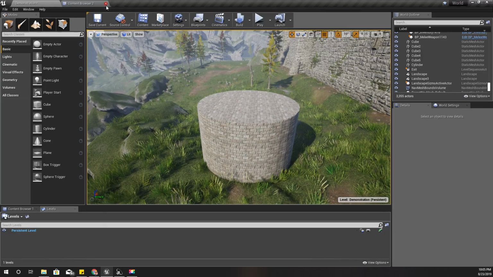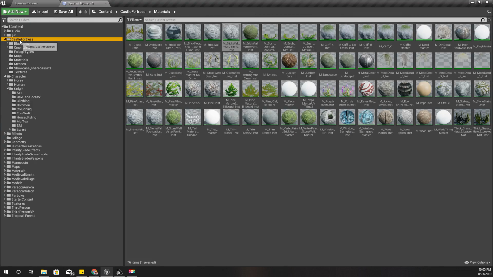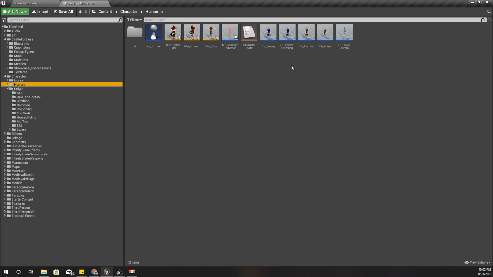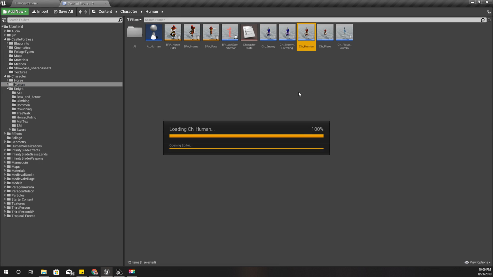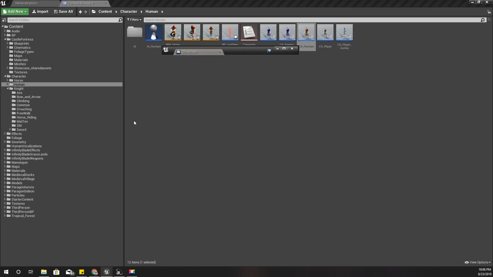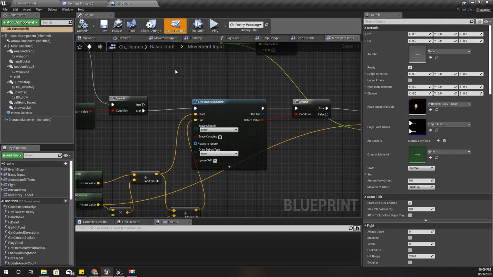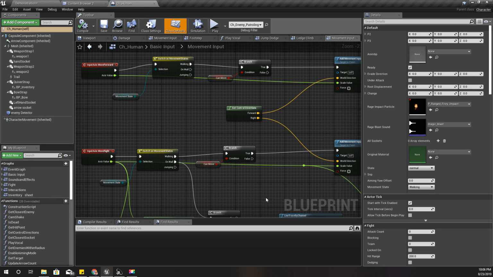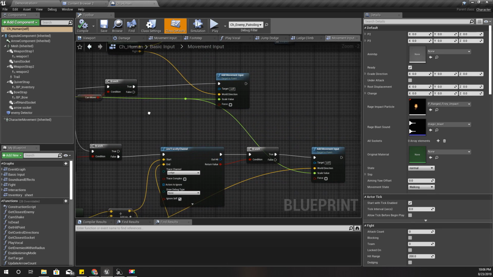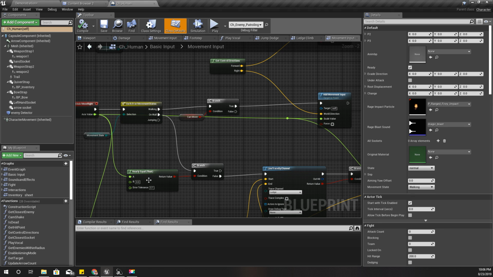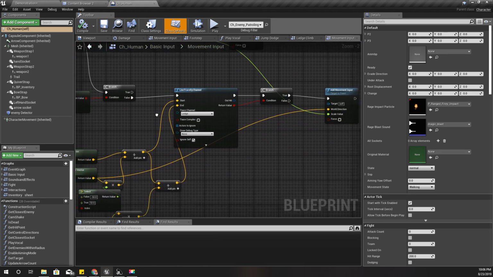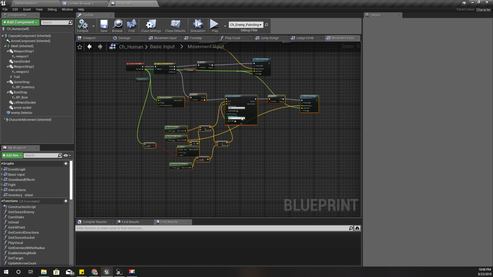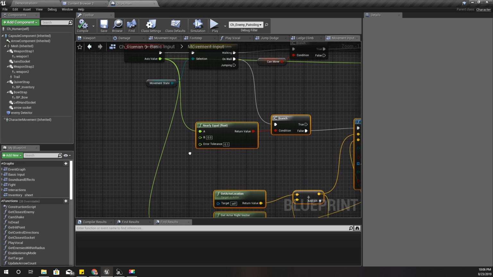Let me first open my character blueprint. Right, and yeah, when I am on the wall, this part defines what happens when my character is on the wall.